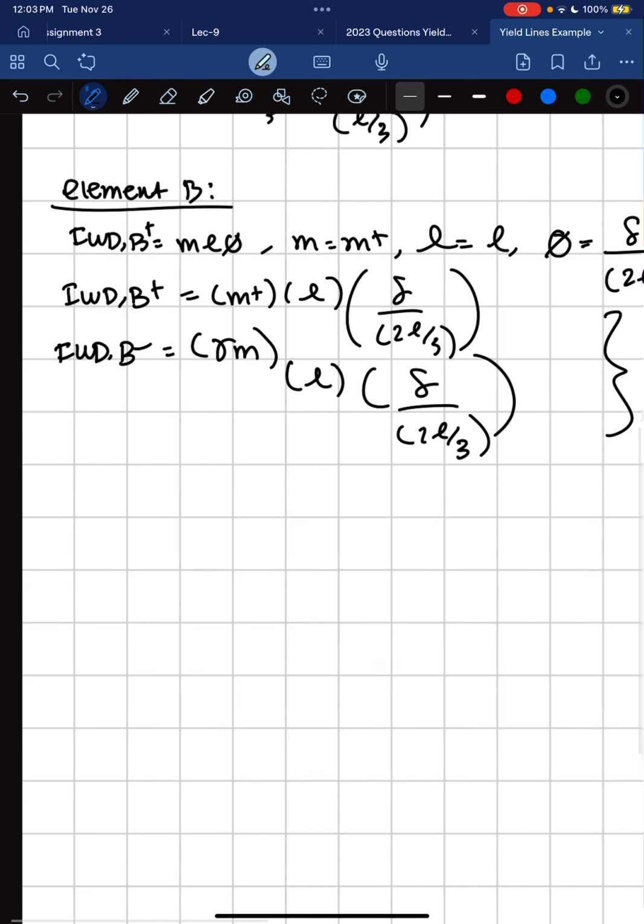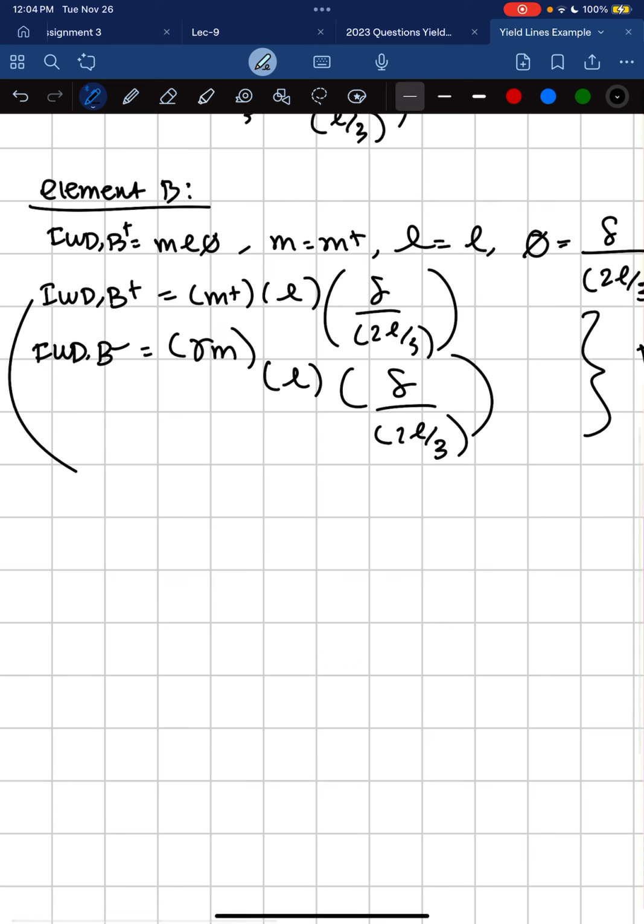Here, let me simplify these a bit more. They look kind of messy right now. This becomes, I'm just gonna get rid of the plus here because we're already using this ML over 2L.